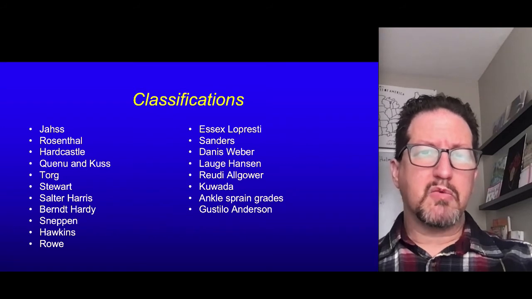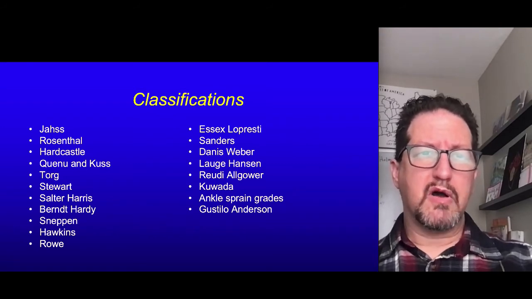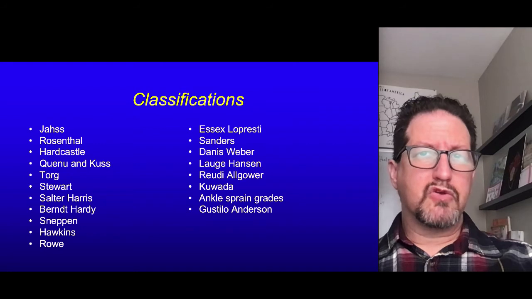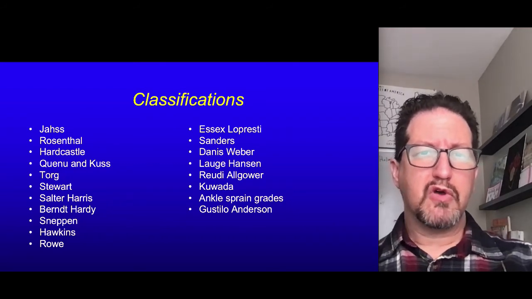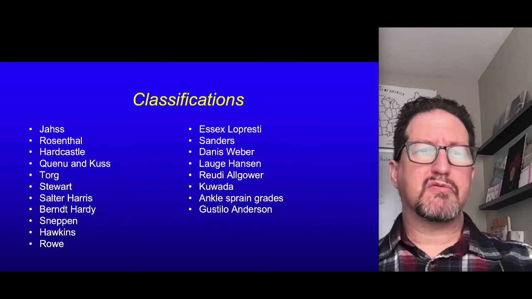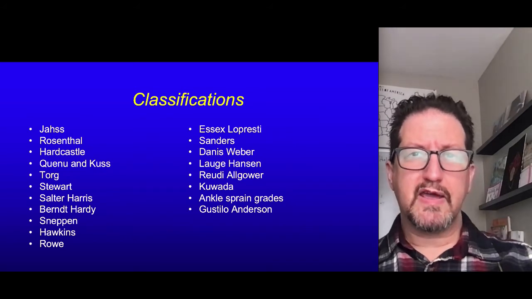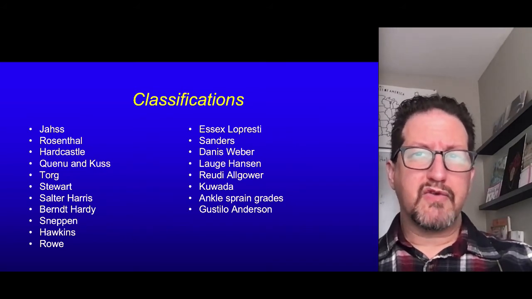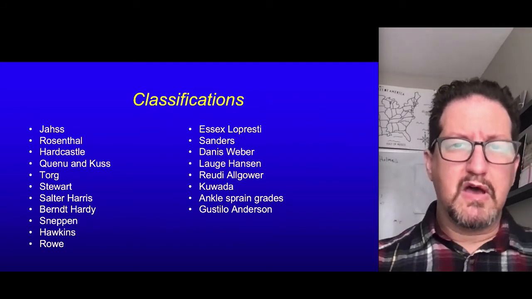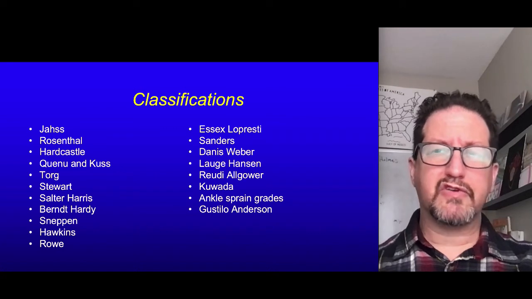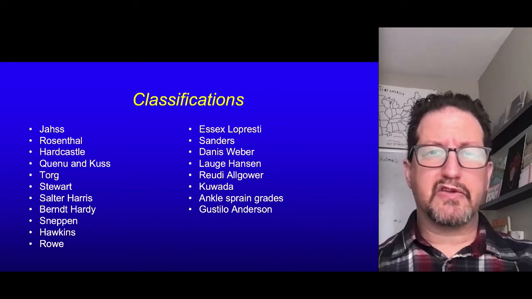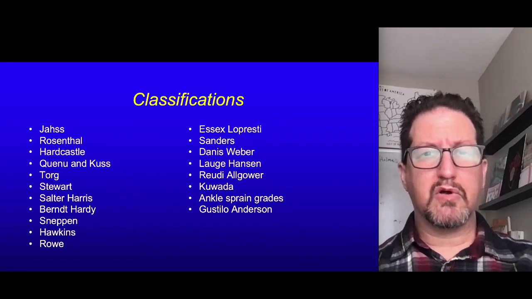These are the primary ones that we talked about, everything from the Rosenthal classification of nail trauma, distal tip fractures of toes, through MPJs, metatarsals, Lisfranc, navicular fractures, talus, and ankle, including the soft tissue injuries like the Kawada classification for Achilles ruptures and the Gustilo-Anderson classification for open fractures.